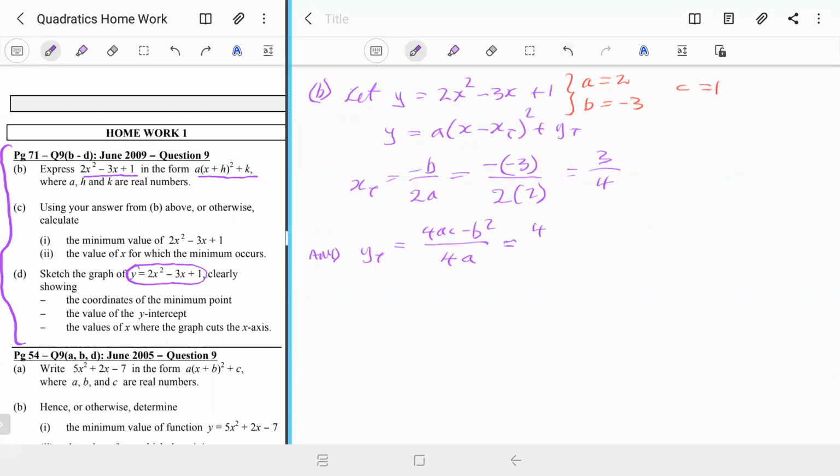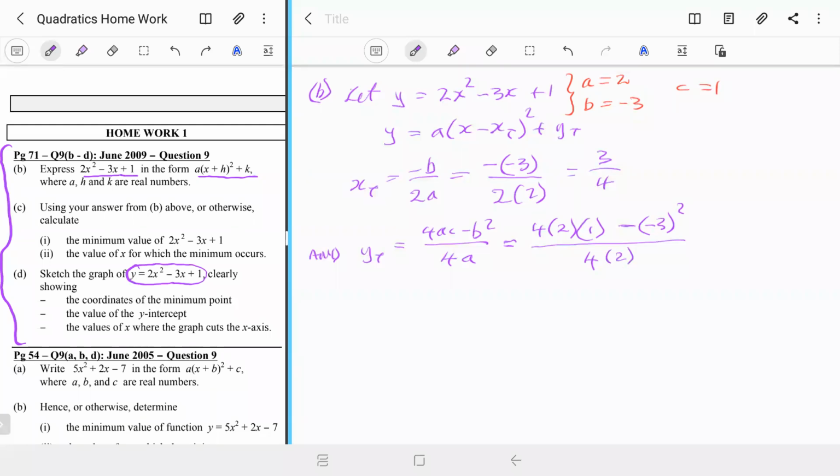It becomes 4 times the a value, which is 2, times the c value, which is 1, minus b squared. You have to square the b, so you're squaring the negative 3, and dividing by 4 times the a value, which is 2.